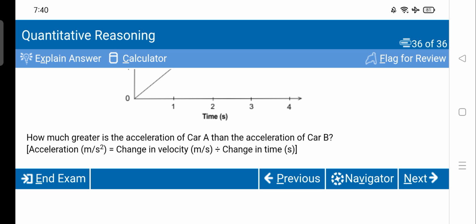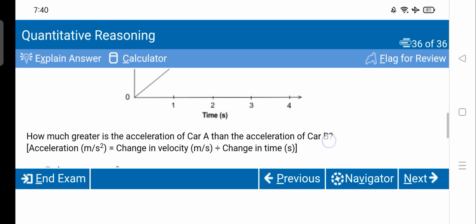Acceleration in meter per second squared equals change in velocity, that is meter per second, divided by change in time, that is second.